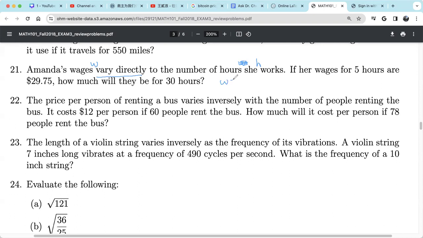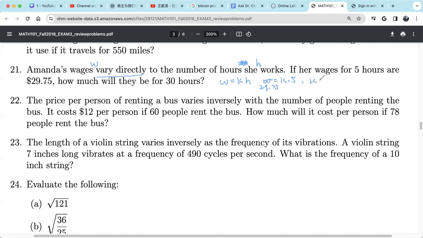That means W equals some K times H. If her wage for 5 hours is 29.75, I'll have this equation.